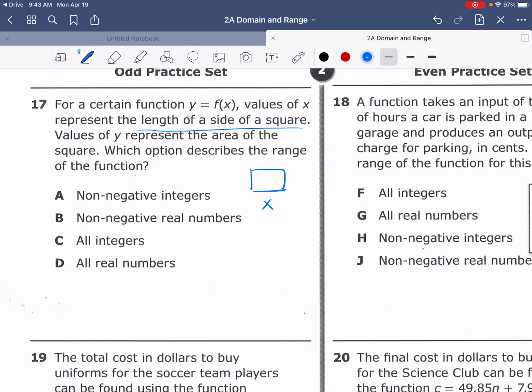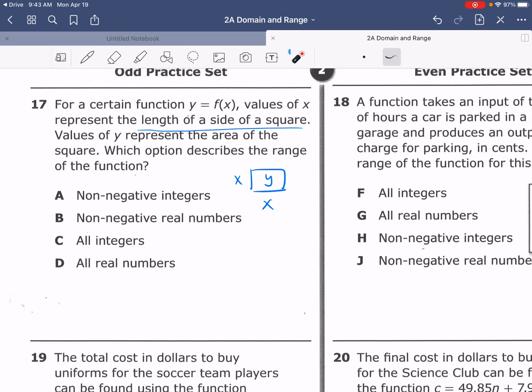And value y represents the area of the square. Since it is a square, length and width are the same. Which option describes the range of the function? Now you're trying to find the range. Range really depends on x.